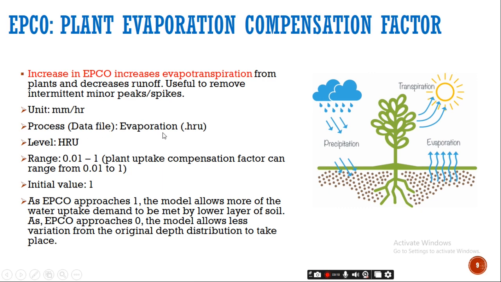It processes the data in evaporation HRU, and its recommended range is 0.01 to 1. Its initial value is 1. As EPCO approaches 1, the model allows more of the water uptake demand to be met by the lower layer of soil. As EPCO approaches 0, the model allows less variation from the original depth distribution to take place.